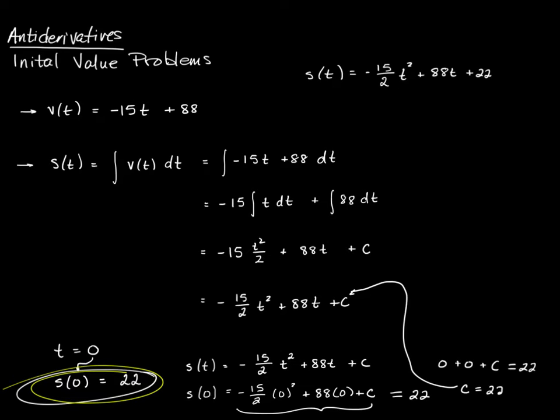In that case, I'll need to find the antiderivative of acceleration to find velocity and the antiderivative of velocity to find position. In addition to that, I'll need to be told what the initial position is, but I'll also need to be told what the initial velocity is if I'm going to find the exact specific position function of my particle. Let's go ahead and get started with an acceleration function.